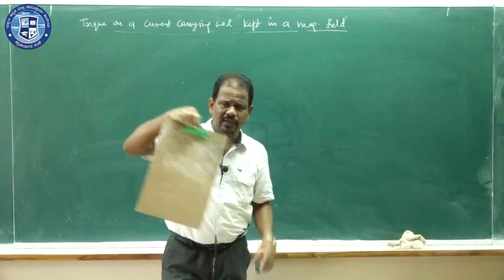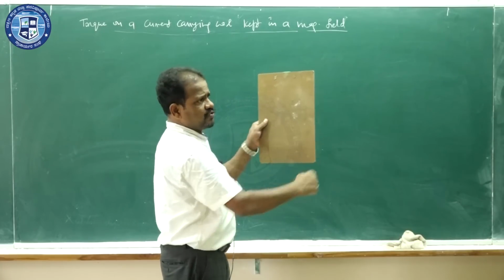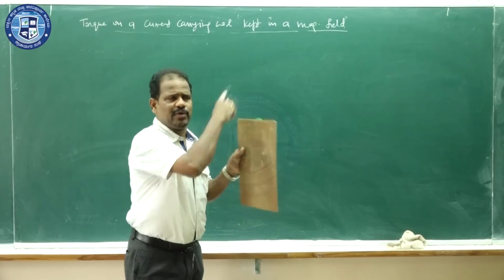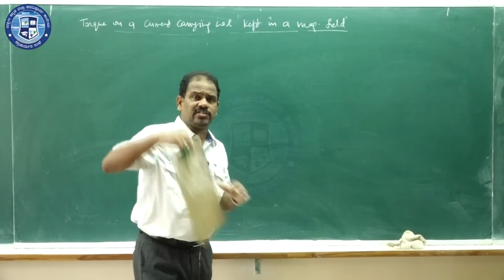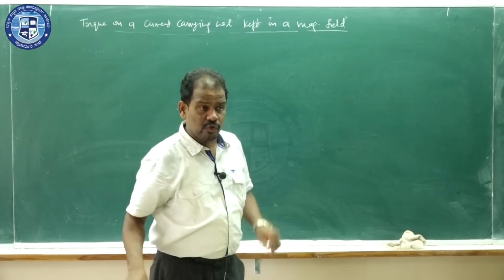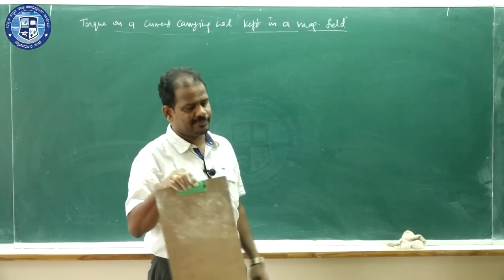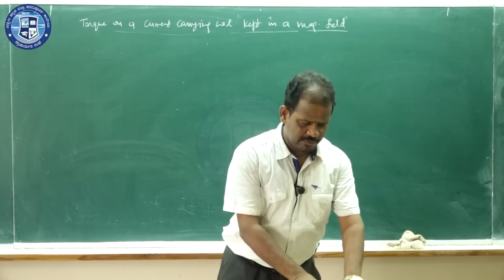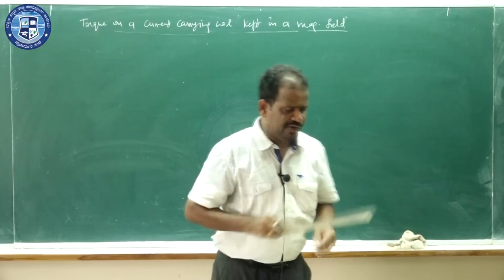And in this coil, we are passing current. Assume that current is going maybe clockwise or anti-clockwise. And this current carrying coil, you keep in the magnetic field. For example, this is the direction of the magnetic field.